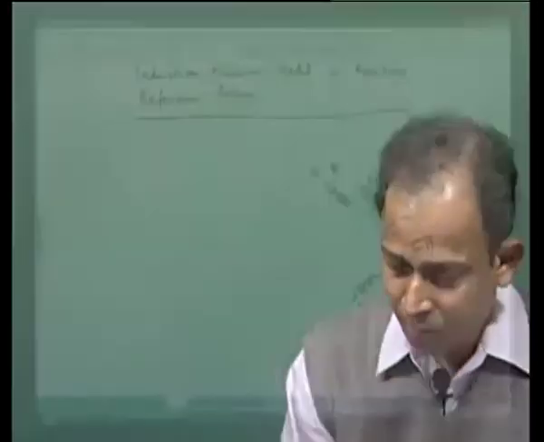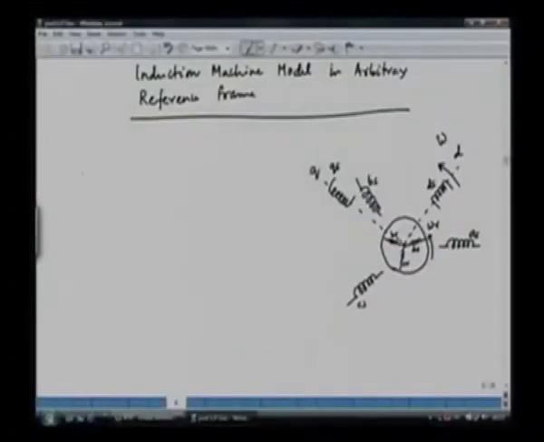So we can write down the equation of the stator, that VDS is equal to RS IDS plus P psi ds, and that's not enough. In this case, the stator is rotating at a speed of omega. This winding ds is not stationary, it is in the rotating reference frame, and the speed of the reference frame is omega.